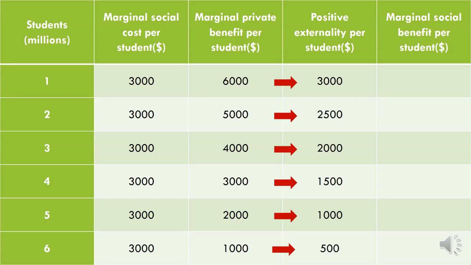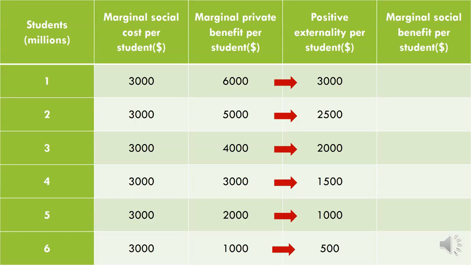Ta-da. So these are the positive externalities that are being generated by the production and consumption of education. Hypothetically, of course, because these are at the different possible levels of education, from 1 million students to 6 million students.